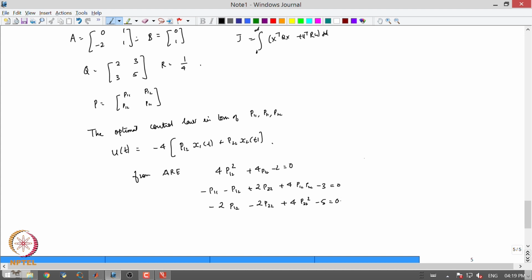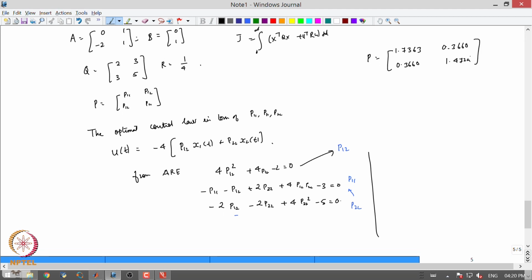So I have three equations here. Solving the first will give me P12. I can use that P12 in the second to get P22, and then substitute to get whatever is remaining, that is P11. This is a very standard process. The P that we get will look in the following way: 1.7363, 0.3660, 0.3660, 1.4729.